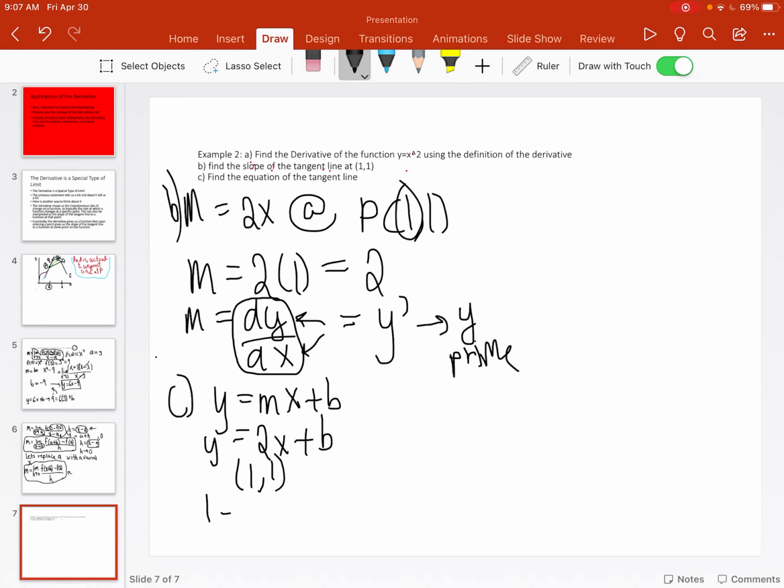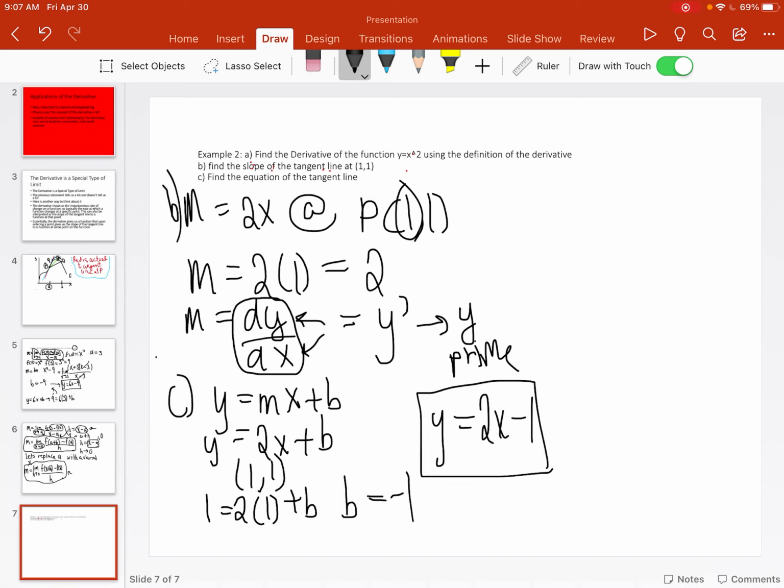So let's plug that in. We got 1 is equal to 2 times 1 plus b, and our b is equal to -1. So what is the equation of our tangent line? Well, the equation of our tangent line is just y equals 2x minus 1. Ta-da, we're done. We answered all the questions.